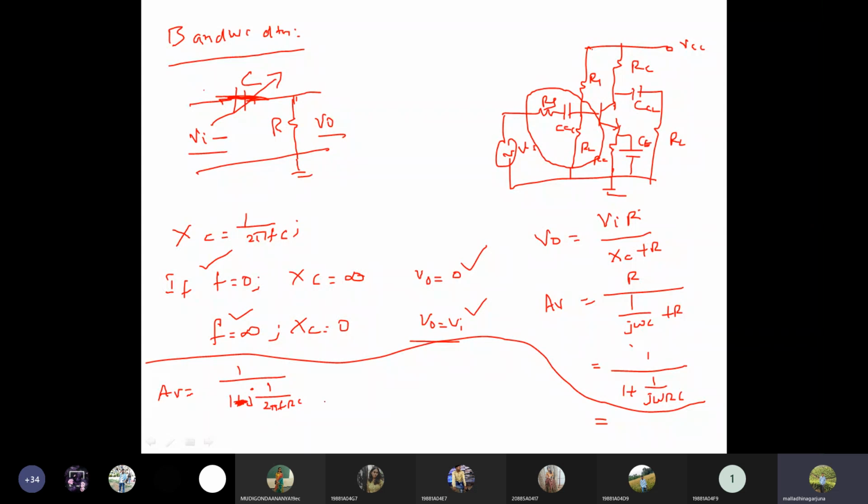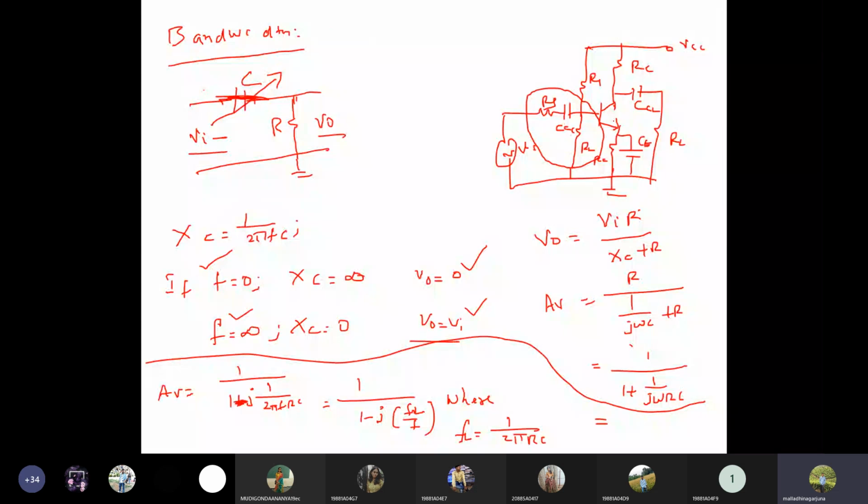So we can write 1 by 1 minus j into FL by f, where FL equals 1 by 2 pi RC. In the place of 1 by 2 pi RC, I took it as FL. So the simplified version is 1 by 1 minus j into FL by f.